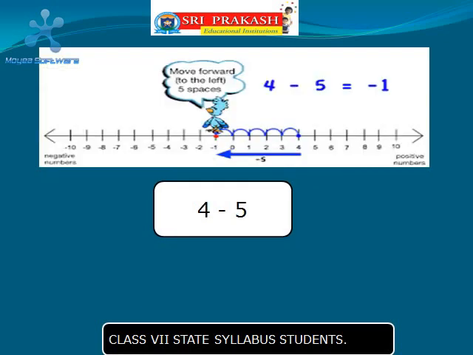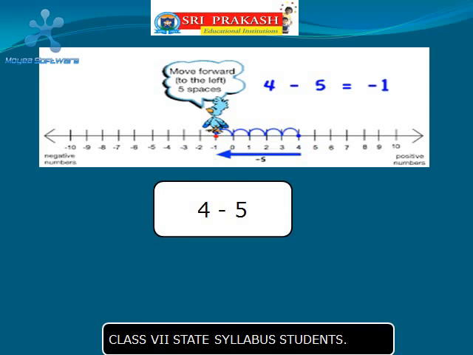Let us find the value of 4 minus 5 with the help of number line. 4. The sign is plus. So from 0 we should move towards right hand side by 4 spaces or 4 units. We reach at 4.